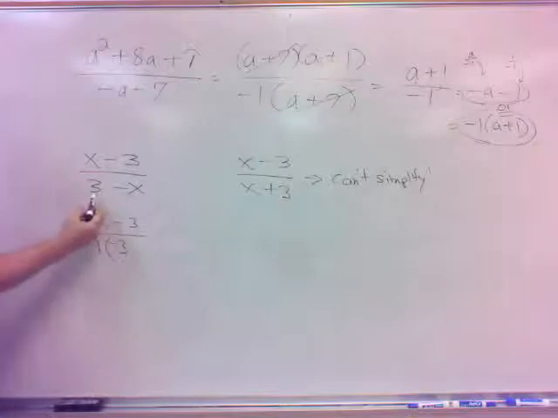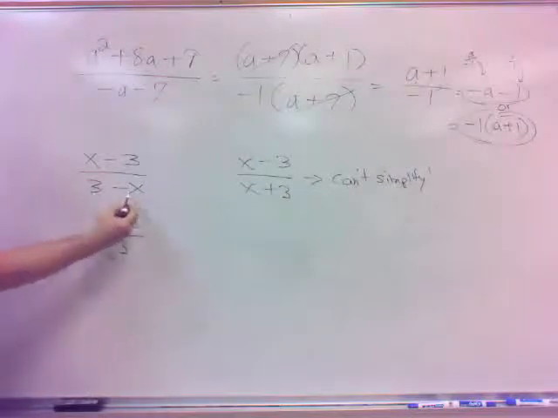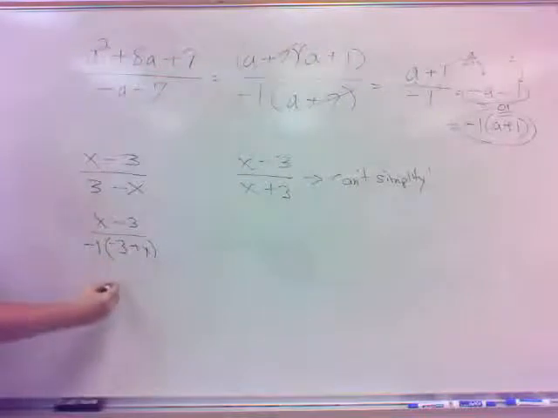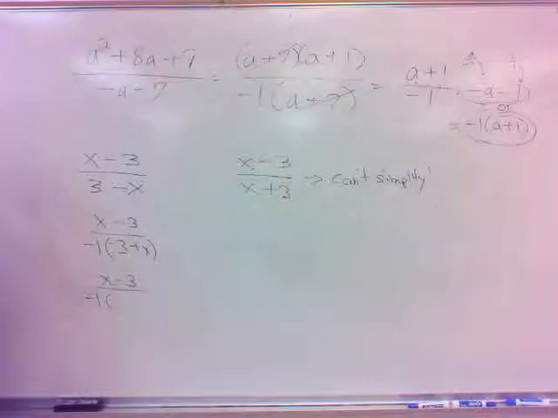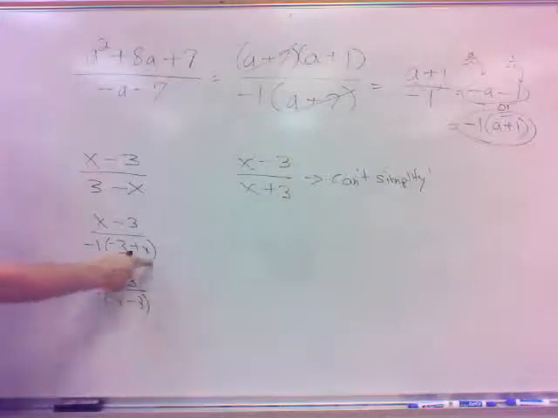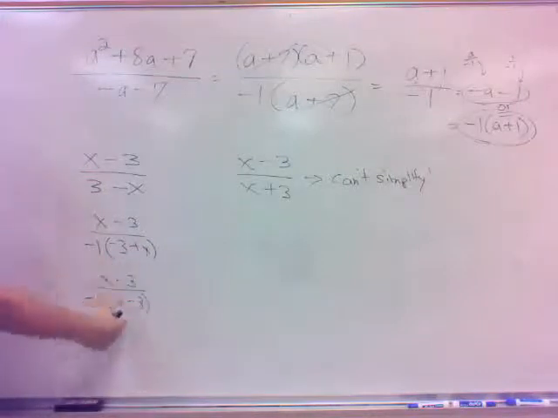Because it's divided by negative 1 gives me negative 3, divided by 1 gives me positive x. Well, if you look at this in the parentheses, minus 3 plus x, isn't that x minus 3? I just flip those around, positive x and minus 3, I could write it that way.